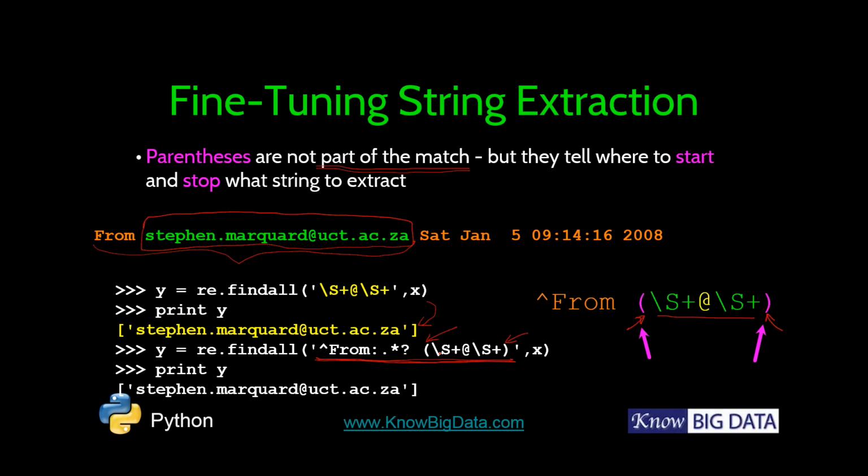That's where the usefulness of parentheses comes into the picture. Wherever findall figures out the parenthesis start and end, it's going to match the complete thing, but extract only the string matching the regular expression which is inside the parentheses. And hence we get only the email address as the extraction.